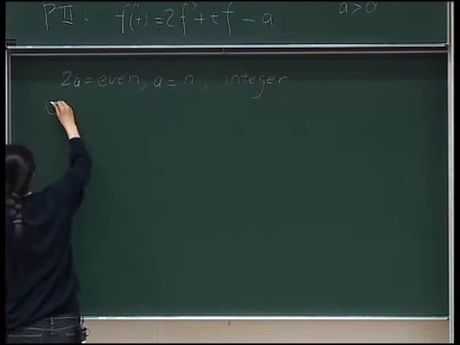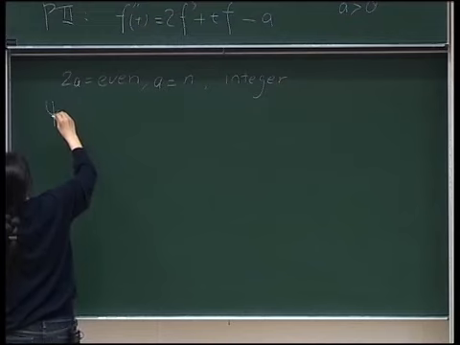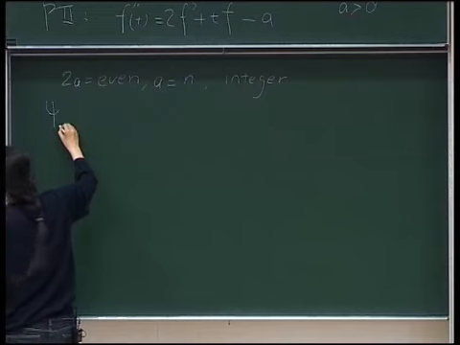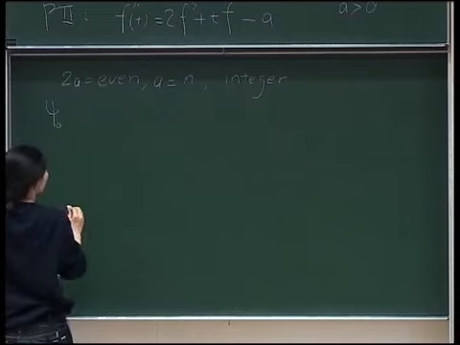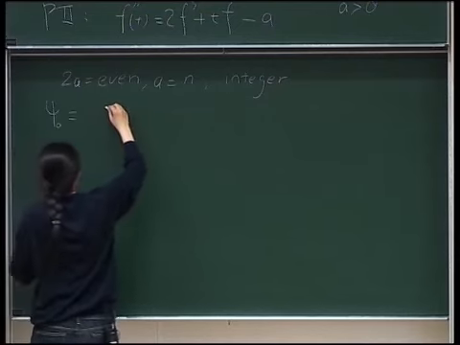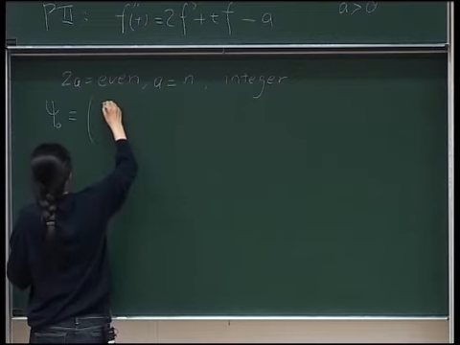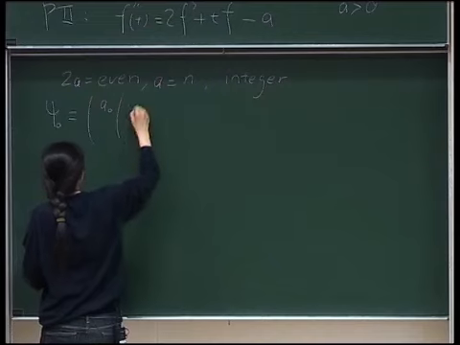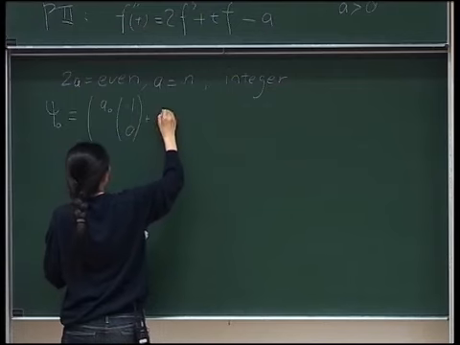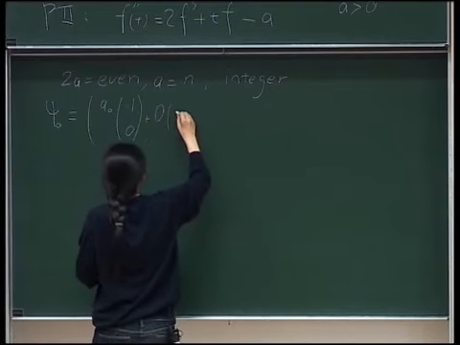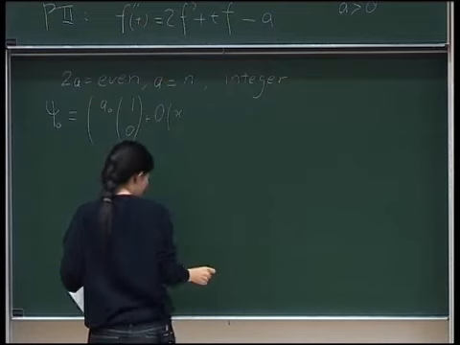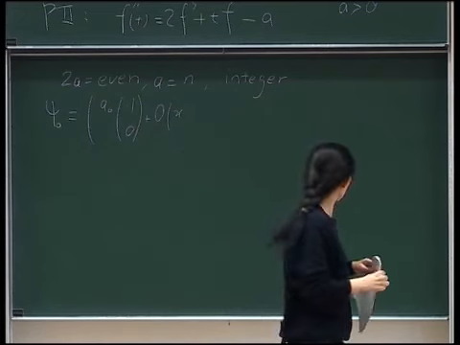So now that we know the expansion around 0, I'll put 0 here. It has the form, just one more time.